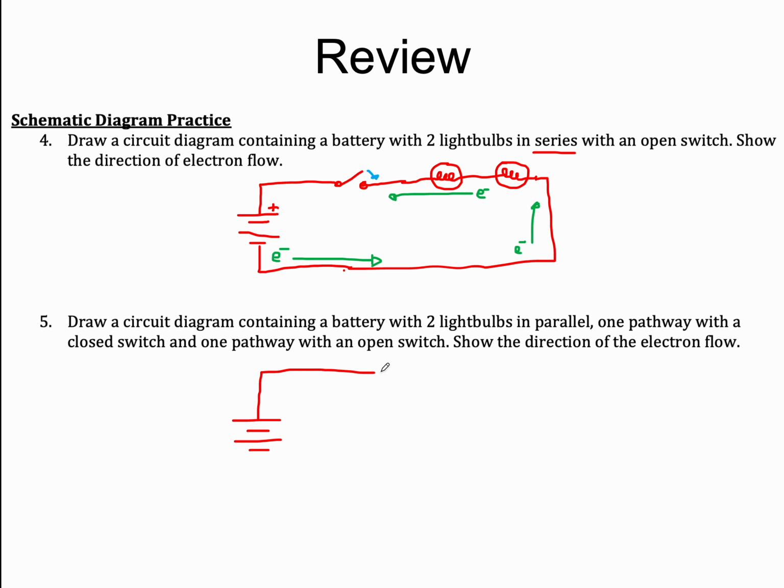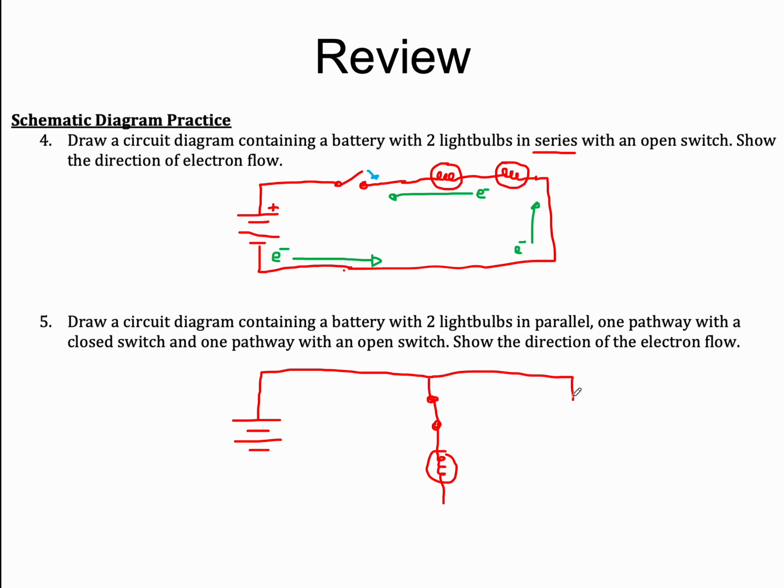Yeah, it's not too bad. I'm trying to draw straight here. So I'm going to go with this. What with a closed switch? So here's my closed switch. It's actually making contact. And a light bulb. Back down.